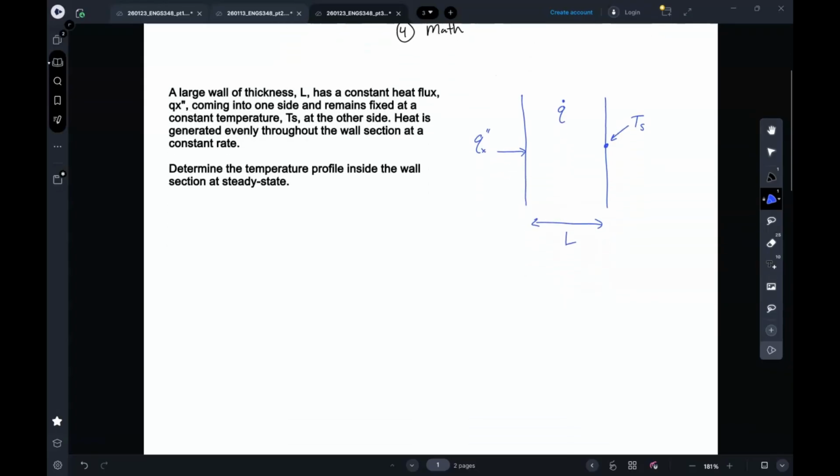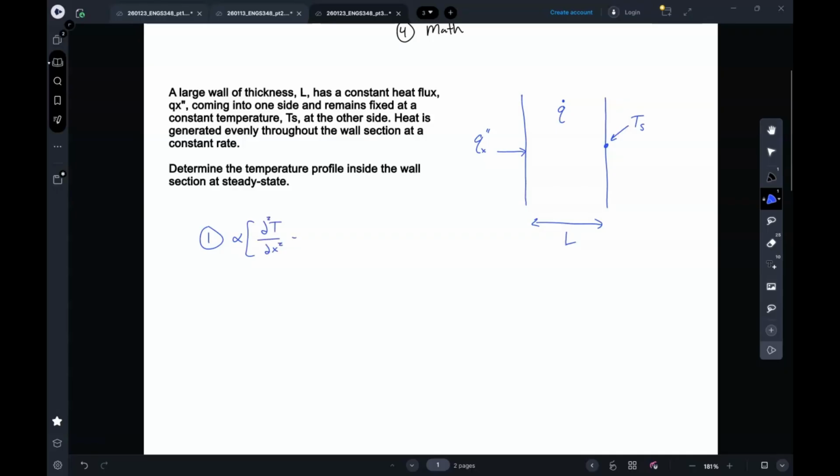So our general first step is to determine a coordinate system. It's a wall, it's not a cylinder, it's not a sphere, so that's going to be easiest in Cartesian coordinates. So I'm just going to write down our big ugly equation.